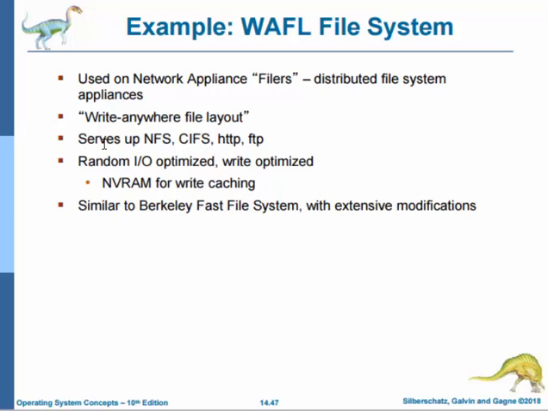The file system can then remove the old pointers and the old blocks and make them available for reuse. Now, if old pointers and blocks are kept, a snapshot is created. A snapshot is a view of the file system at a specific point in time.